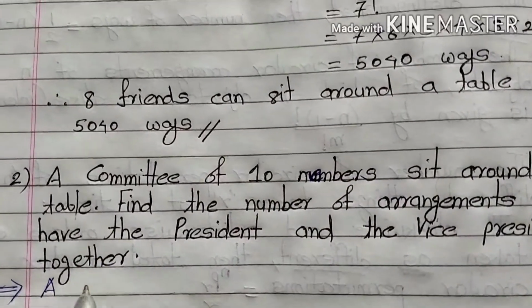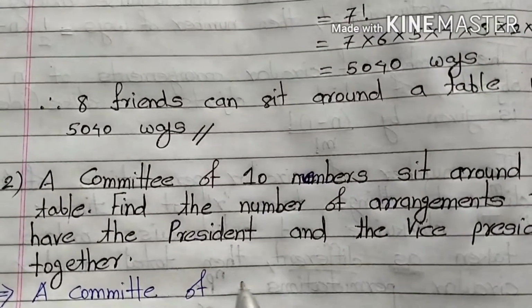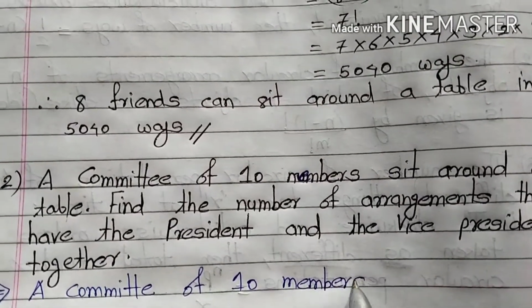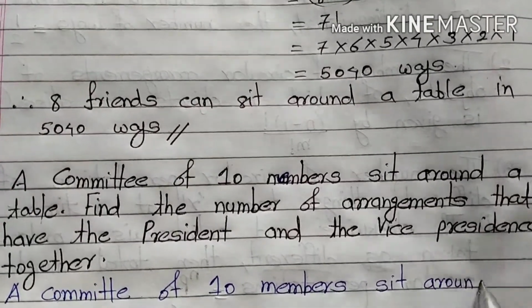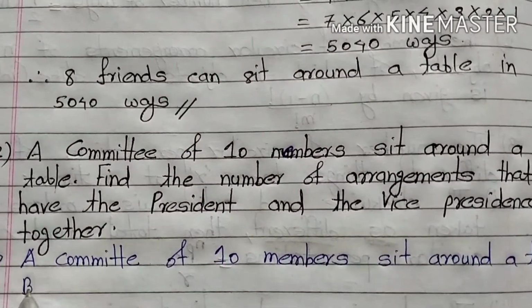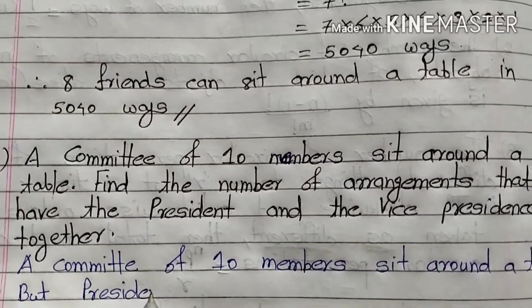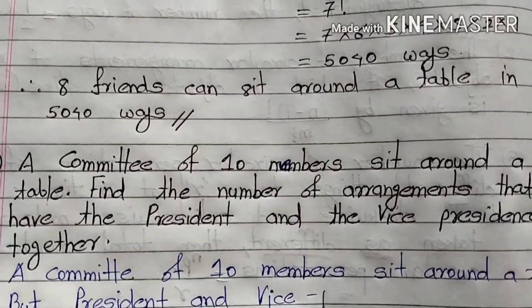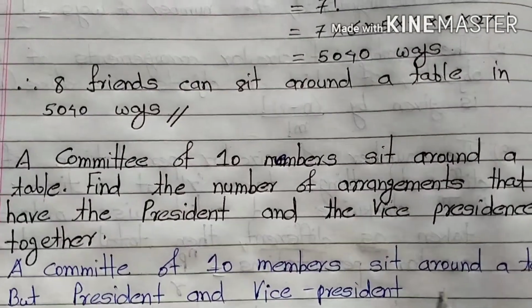A committee of 10 members sit around a table, but the president and vice president sit together.